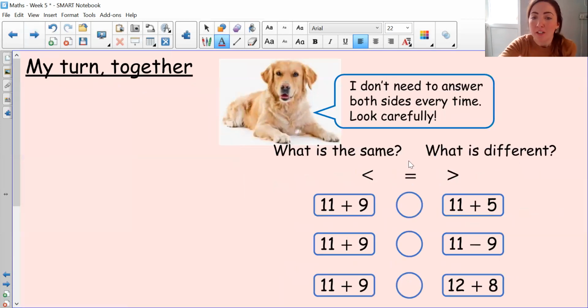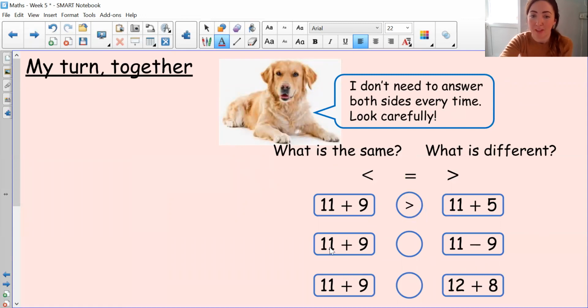So having a look here, we've got 11 add 9, which we're comparing with 11 add 5. So we're starting with 11 both times, but we're adding more because 9 is a greater number than 5. So that must mean that 11 add 9 is greater than 11 add 5.